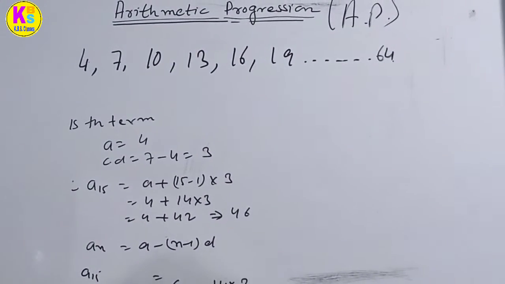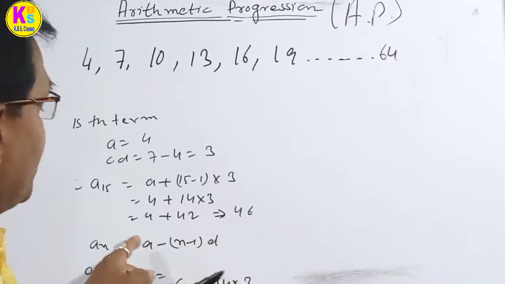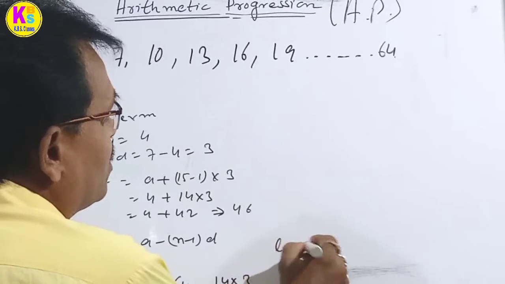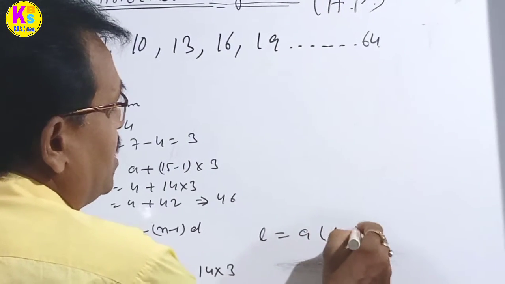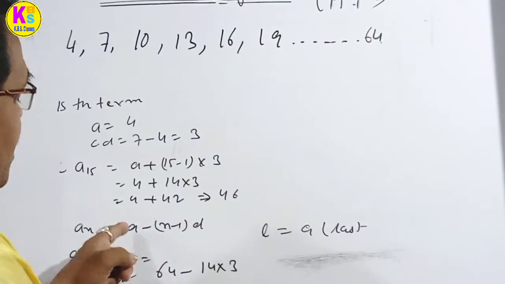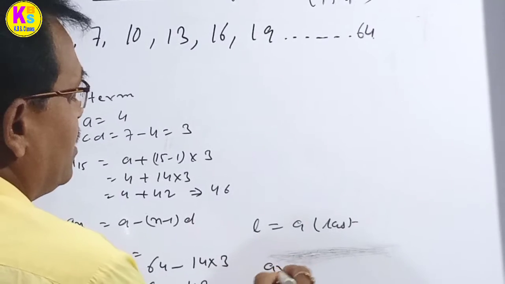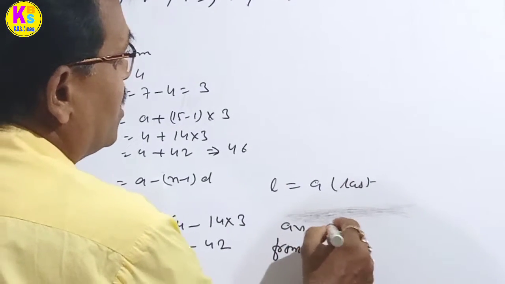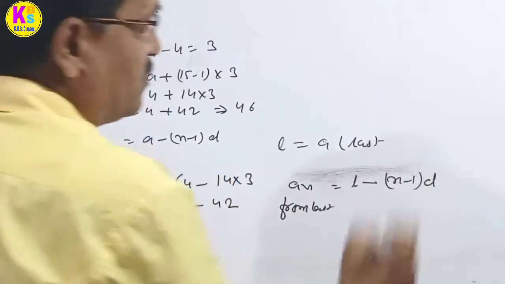If you are getting confused by taking a for the last term, you may use l for a, the last term. Therefore your formula will be an from last is equal to l minus (n minus 1) into d.